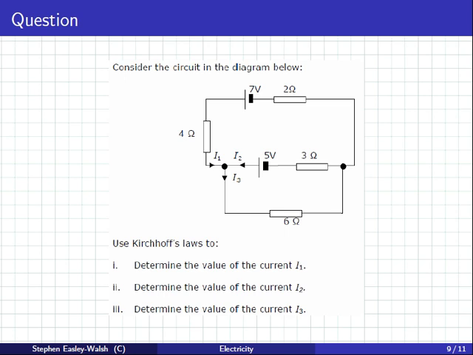Who should I pick on next? I'll pick on my buddy Lynn. Okay, Lynn, any equation except Harry's junction one. Where do you want to start? Up the top, okay. Go for it. The battery is 7 volts.